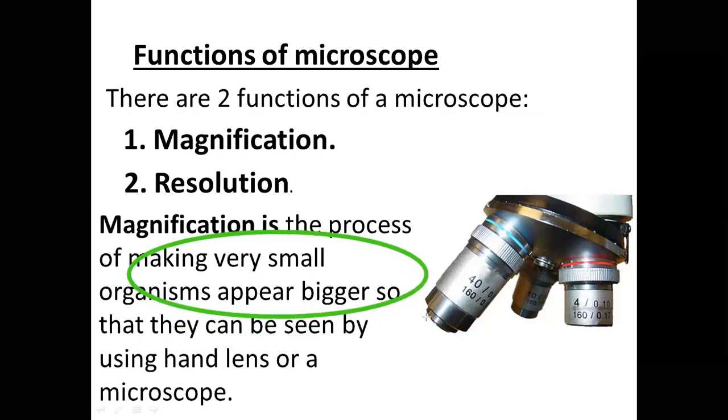Most students would say that magnification is making small organisms bigger without putting emphasis on the word appear. If you don't emphasize the word appear, that would translate to a microscope making an insect look like a member of the phylum Chordata.